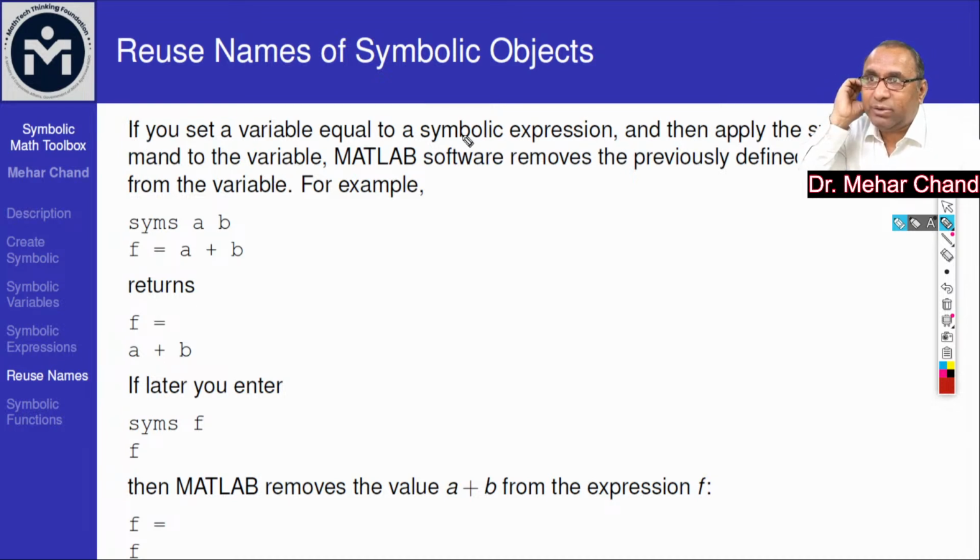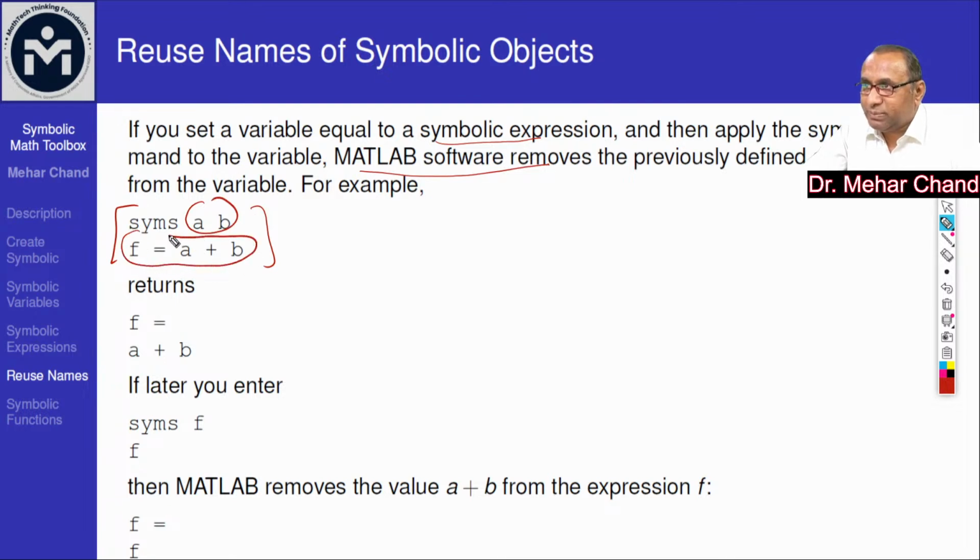If you set the variable equal to the symbolic expression and apply the sym command to the variable, MATLAB removes the previously defined expression from the variable. For example, you can see this expression. We are using two symbolic variables a, b, and f is equal to a plus b. So when you enter, this will return this value. Note this point very carefully.